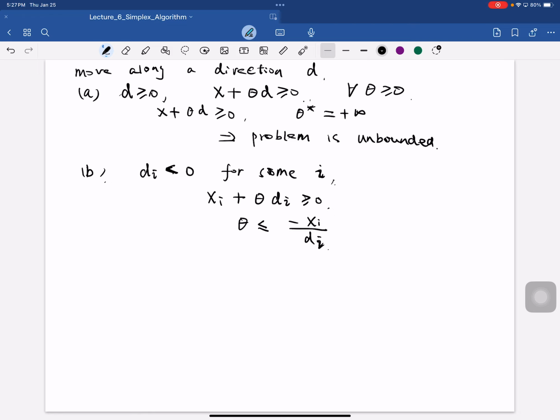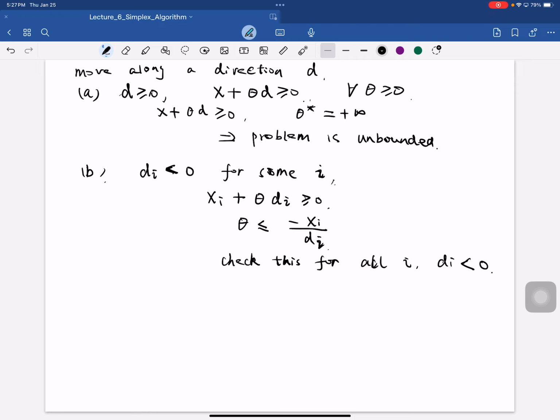And you have to check this for all the i such that Di is strictly less than 0.